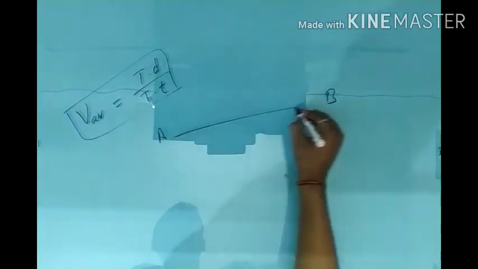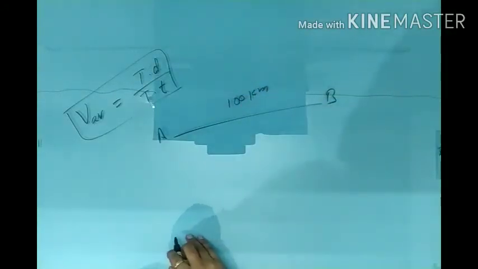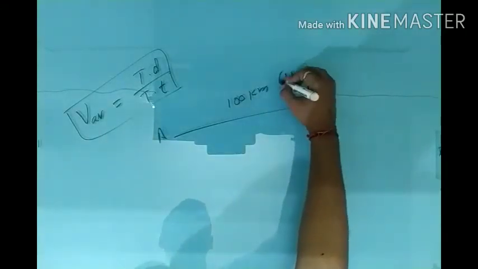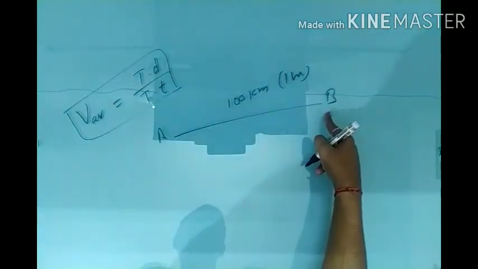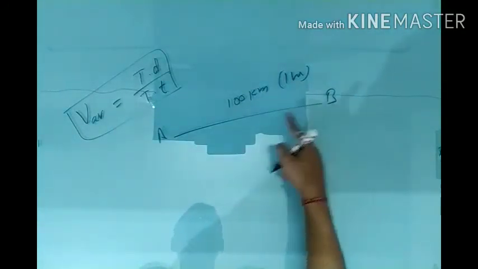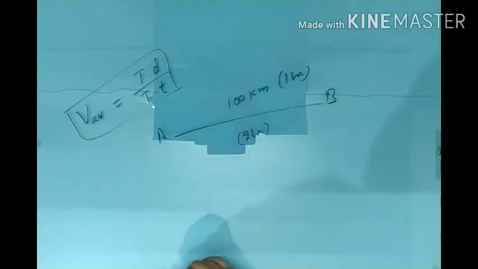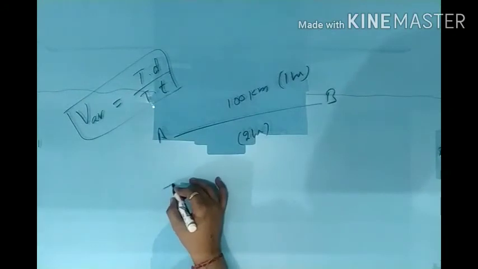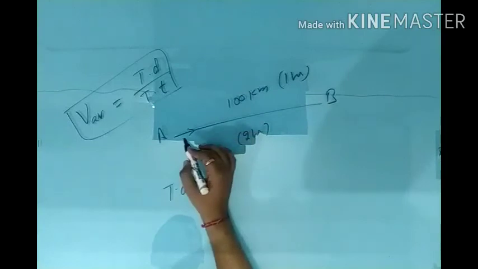The distance from A to B is 100 kilometer. Firstly, he takes a time of 1 hour to reach that point. Then after reaching that point, he is again traveling from B to A. It will take 2 hours. Now we have to find the total distance and total time for average speed. Firstly we find total distance. The total distance is 100 plus 100.